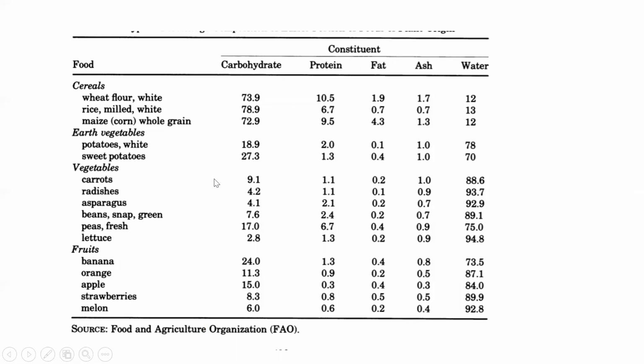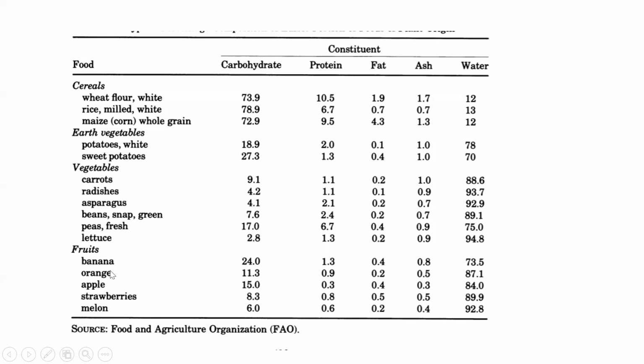Otherwise, the other vegetables like carrot, asparagus, beans, snaps, green peas, and fresh lettuce all have a very, very low carbohydrate content. Literally, lettuce, which is leaves, has a carbohydrate content of just 2.8%, whereas green peas are slightly higher, that is 17%.